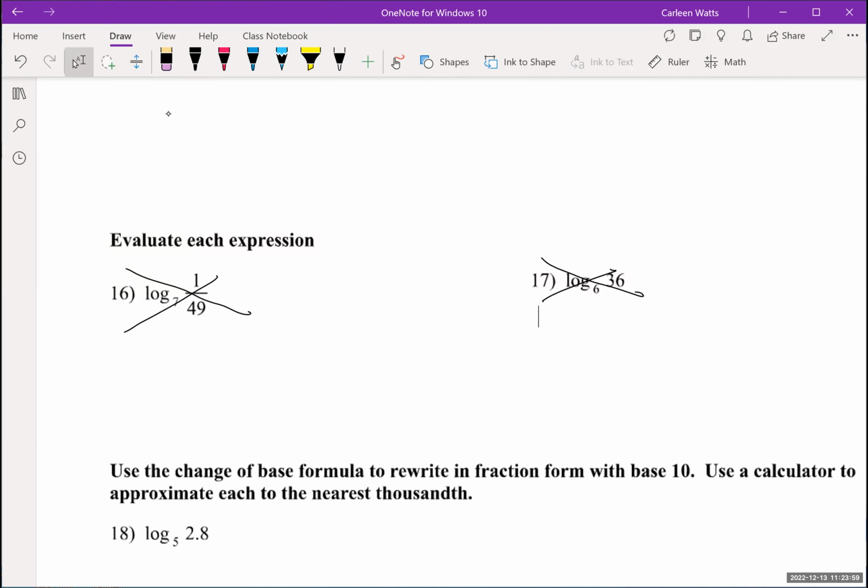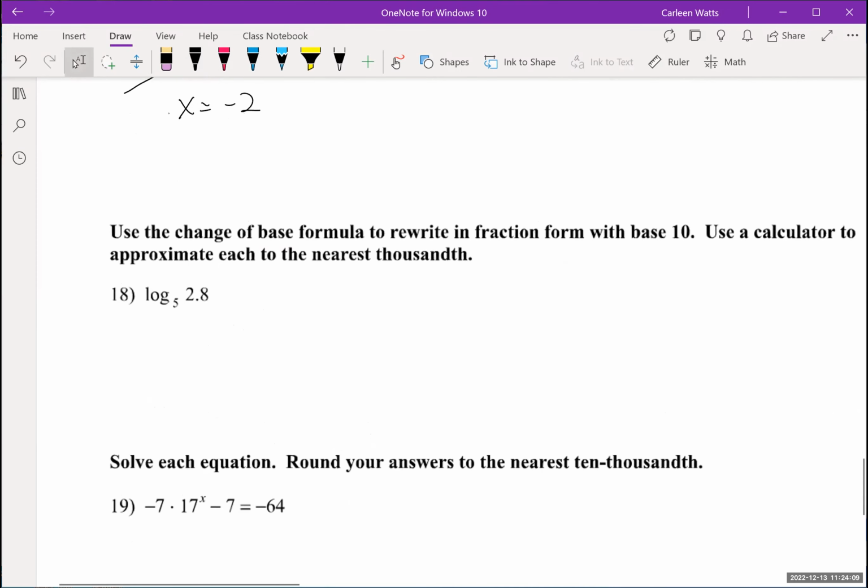But just be careful. What exponent makes a 7 into 49? -2, right? So you have to cross the line, change the sign, but you can cross those off.